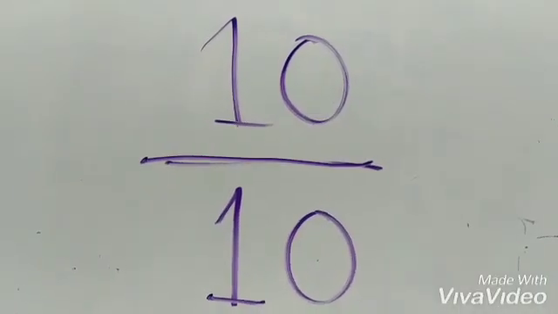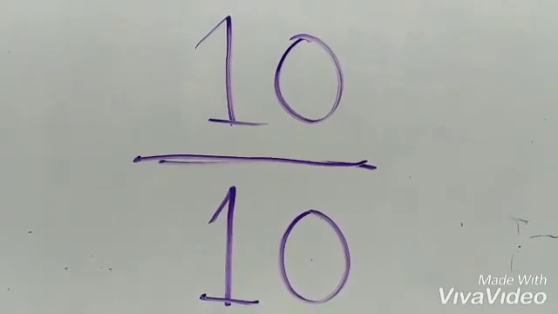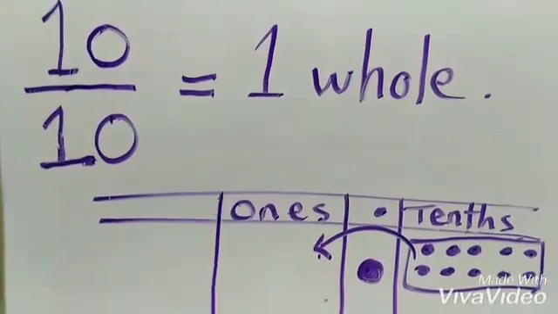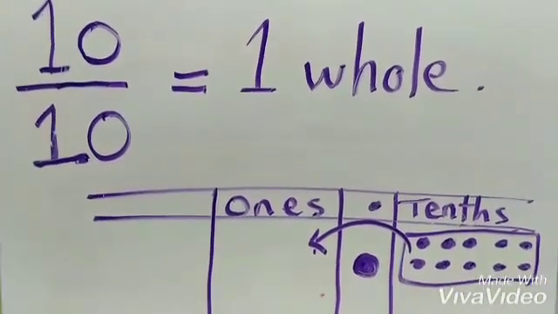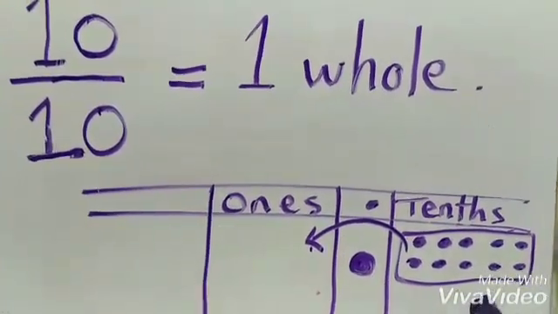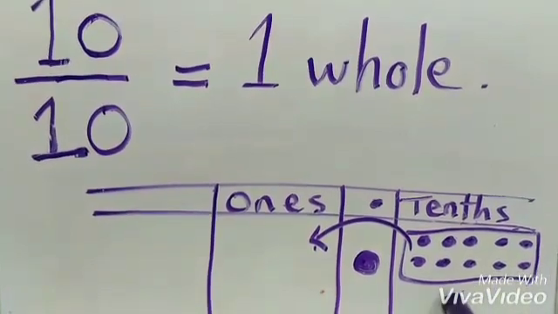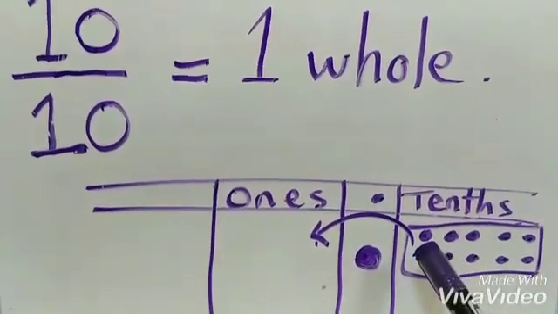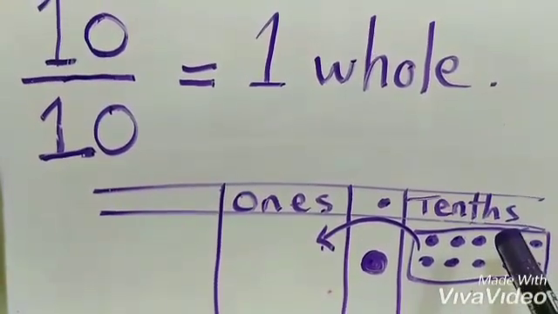And now try to write the fraction 10/10 as a decimal. Remember that 10/10 equals 1 whole. We can write 10/10 in the place value table in the tenths place. There are 10 tenths.